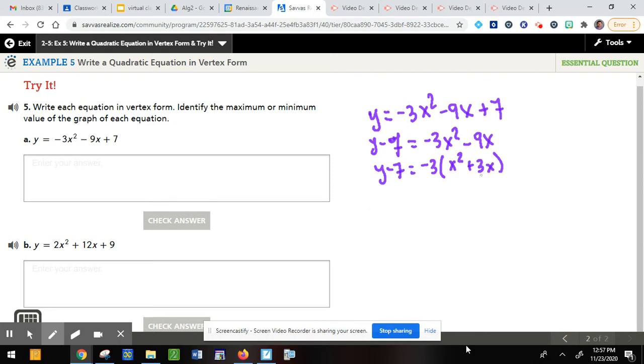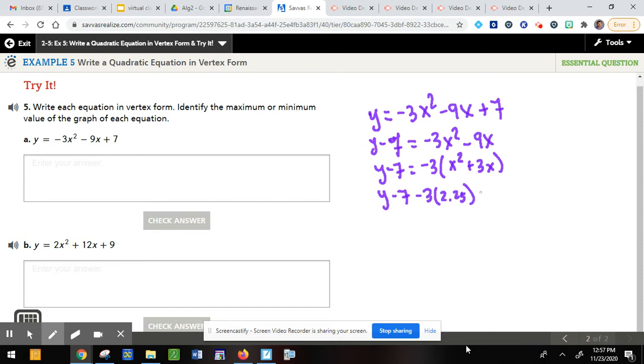Now what's the number that's going to complete the square there? So 3 divided by 2 is 1.5, and 1.5 squared is 2.25. So when you balance it out, again, you need to have negative 3 times the 2.25 on the left side.